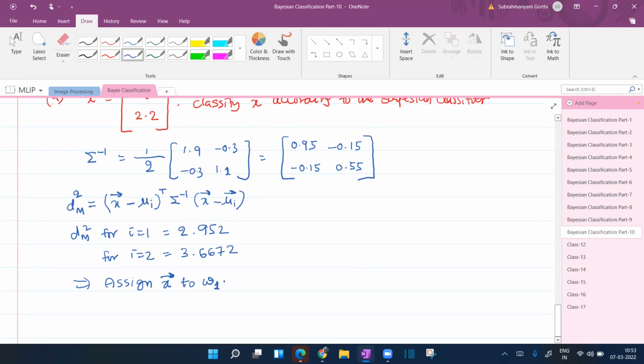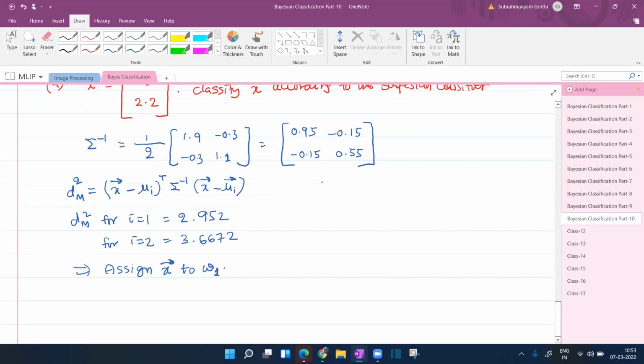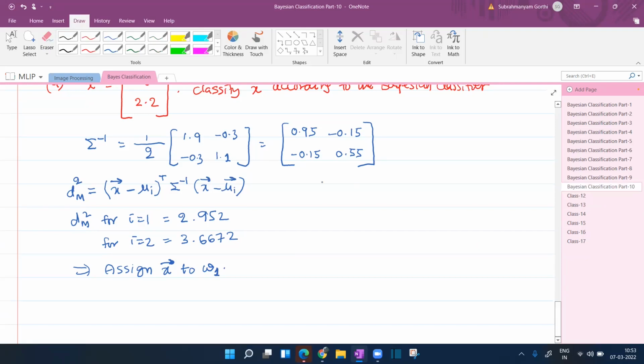So what if both the distances come out to be the same? Then what should we do? It's a very tricky thing. Then you could assign it to any of the classes, because that means it is exactly on the border. It tells you that it is exactly on the decision plane, is it not?